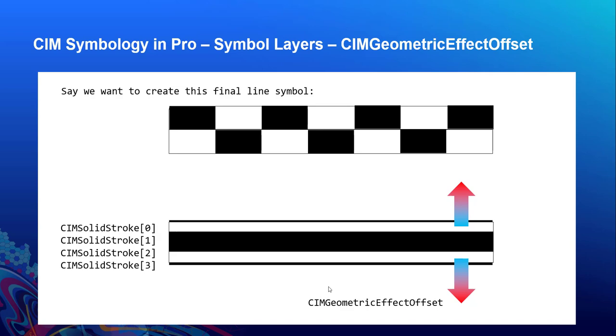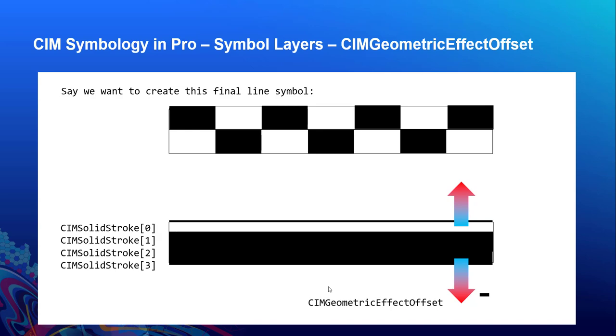We'll apply it to layer 0 and layer 1. Doesn't matter which, but we'll apply a negative offset, let's just say to layer 1 to move it down, and a positive offset to layer 0 to move it up. The offset we'll apply will be equal to half their width.